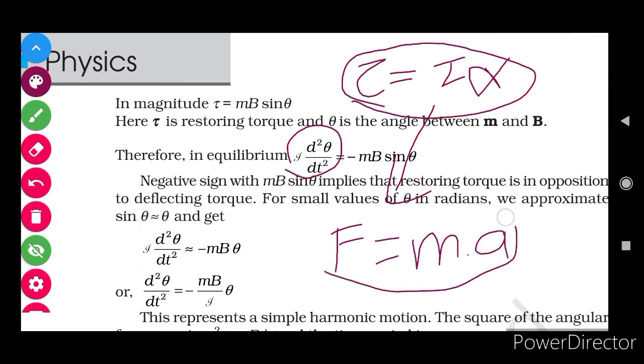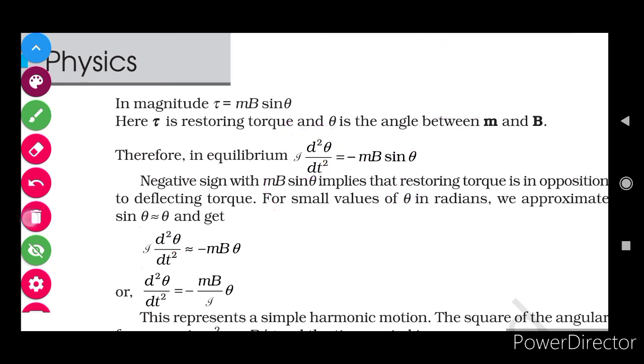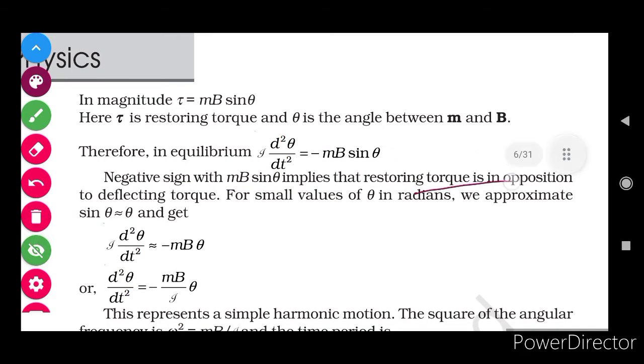And angular acceleration is d2 theta by dt square, as you have studied in class 11. Now this is equal to the restoring torque, that is minus MB sin theta. We have put a minus sign because the restoring torque is in opposition to the deflecting torque.